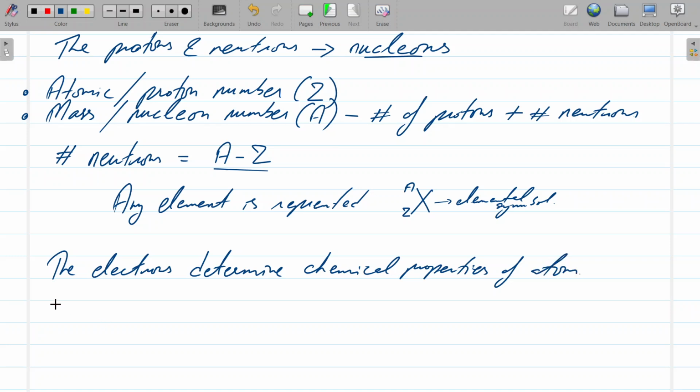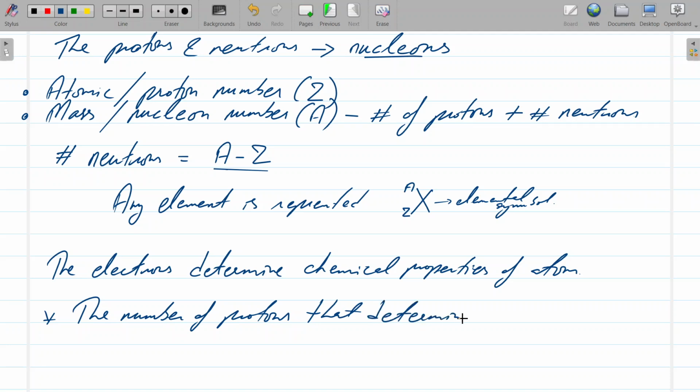And also from chemistry, it is the number of protons that determine which element it is.